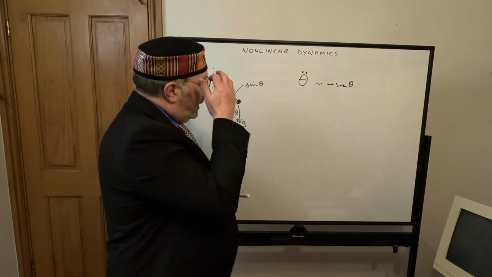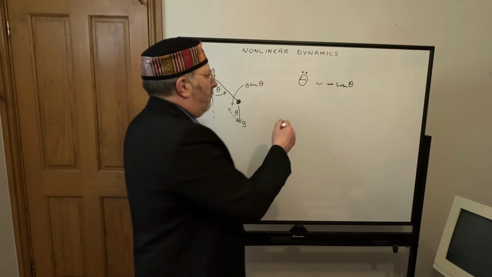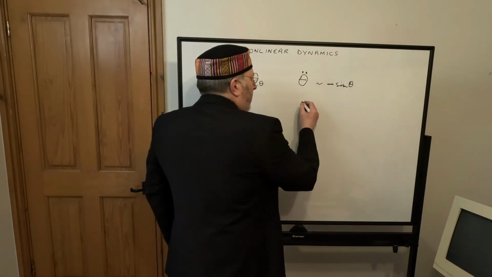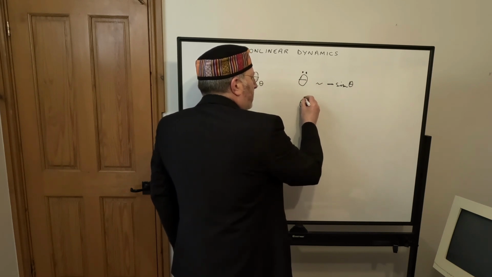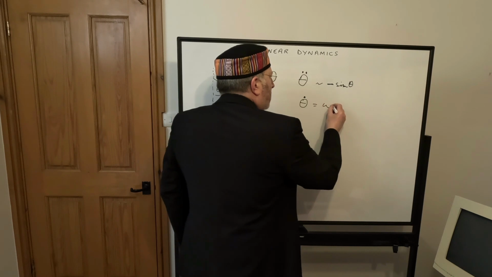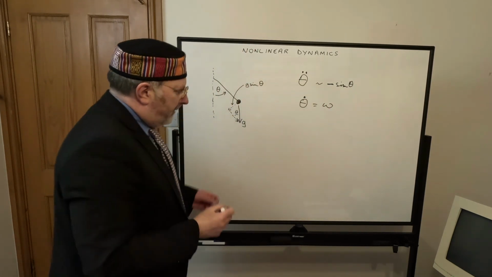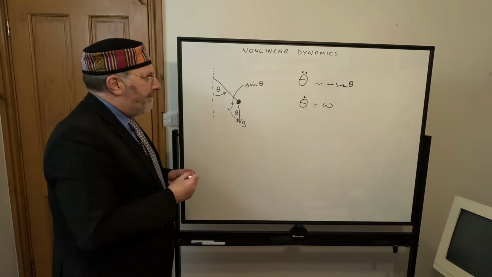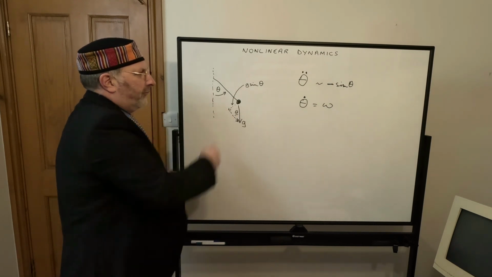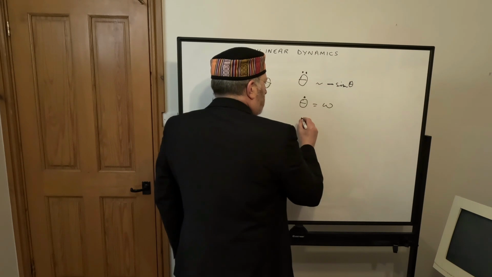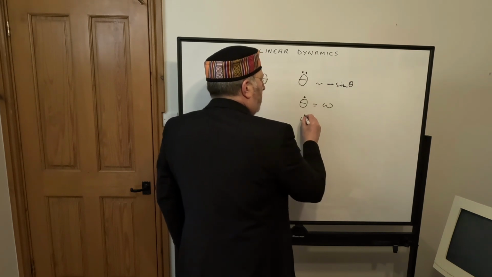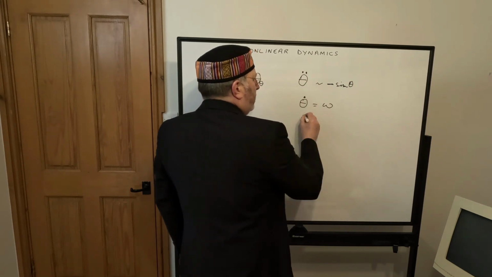For theta double dot, we write theta dot as omega, the Greek letter omega, the angular velocity, how fast the angle is changing. And then theta double dot is omega dot.